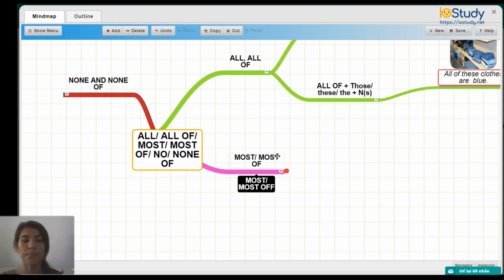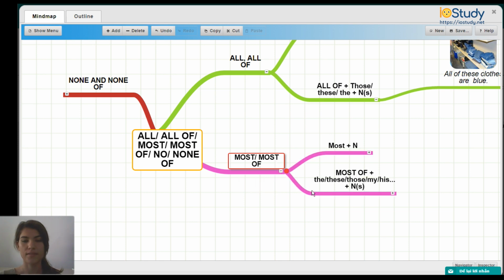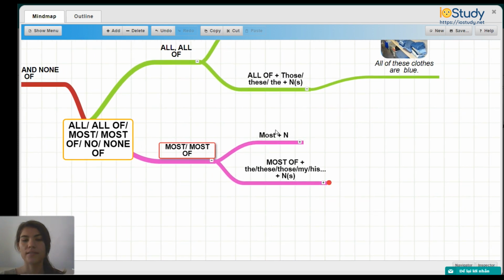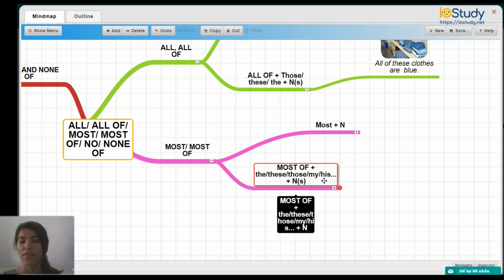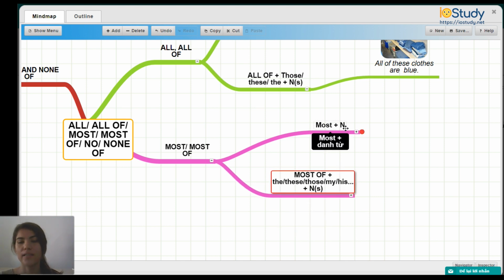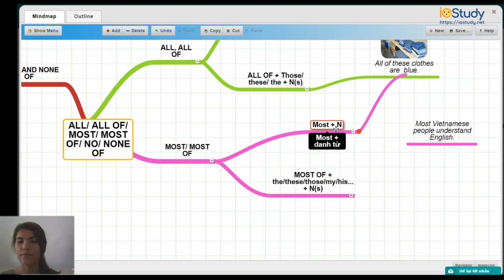Now let's go down to using most and most of. So we use most plus a noun and most of plus the, these, those, my, his, plus a plural noun, noun with S. So most plus a noun.